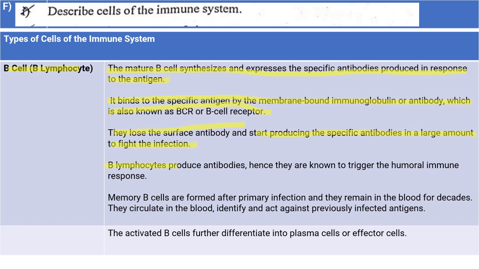This B lymphocyte produces antibody, hence it is known to trigger the humoral immune response. The memory B cells are formed after primary infection. They remain in the blood for decades and circulate in the blood, identify and act against previously encountered antigens. The activated B cell further differentiates into plasma cells or effector cells.